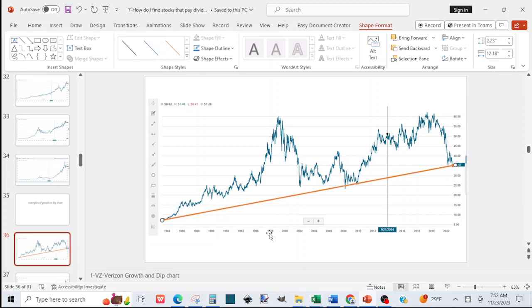It could have spanned one or two years or multiple months for it to be that pronounced. But when it is just a short period of time, it will look more like a small teeth type of zigzag. So we do have those small teeth zigzags, and we do have those extended growth time periods and extended dip time periods as well. But Verizon is a growth and dip chart trend.